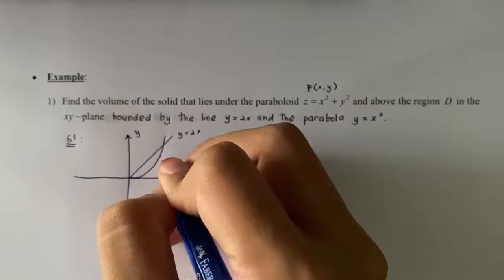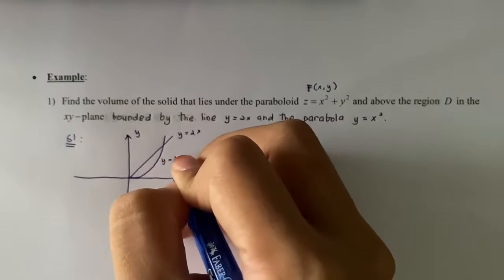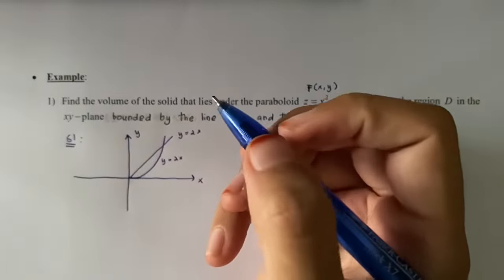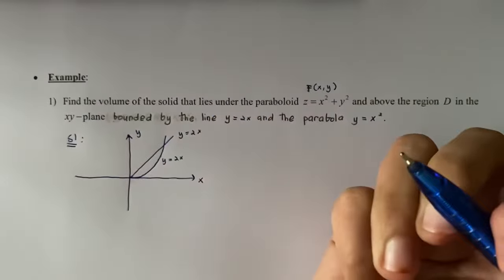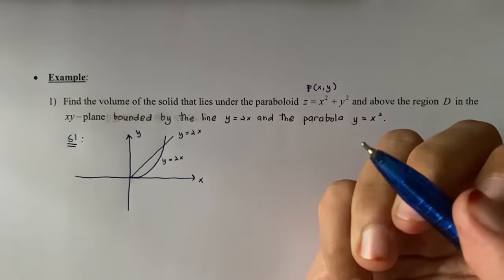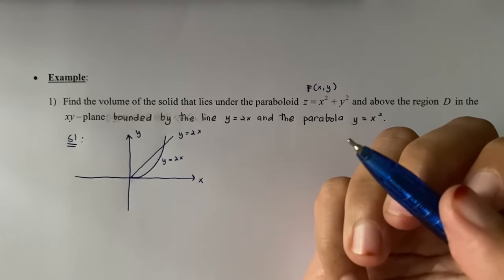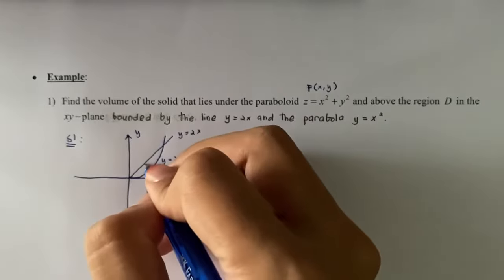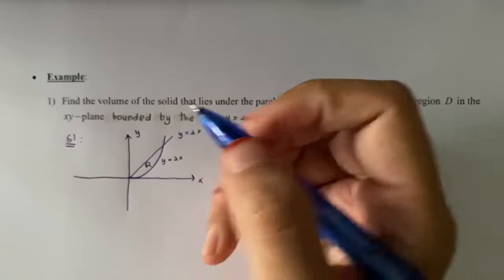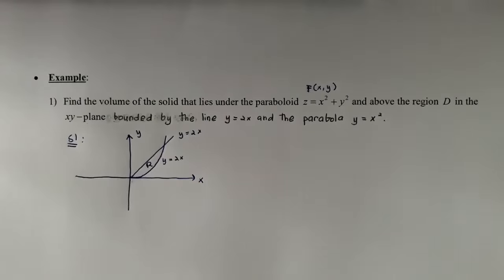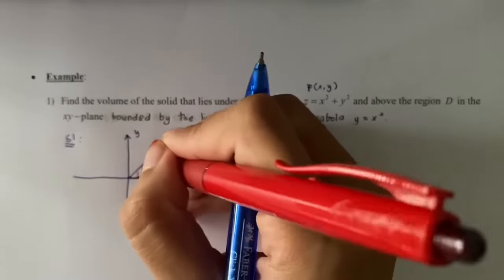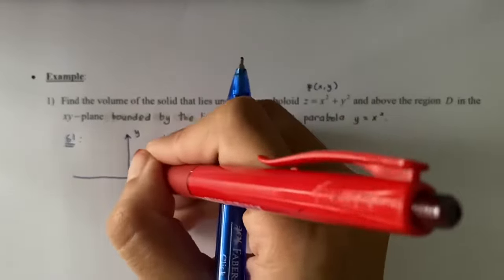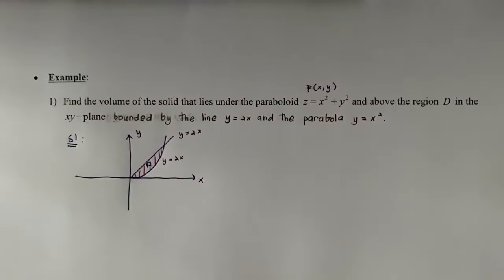And then see where is the region that is bounded by these two curves. Obviously it is right here. So this is the region. That is the first step.